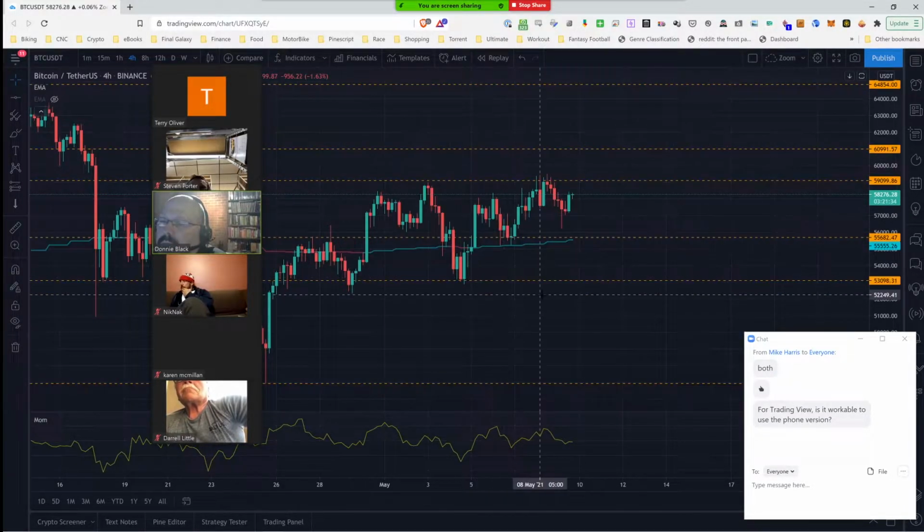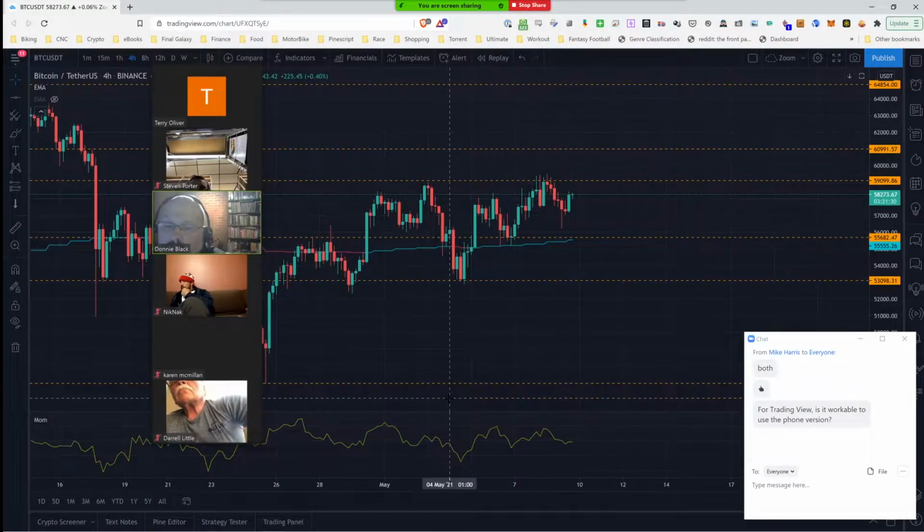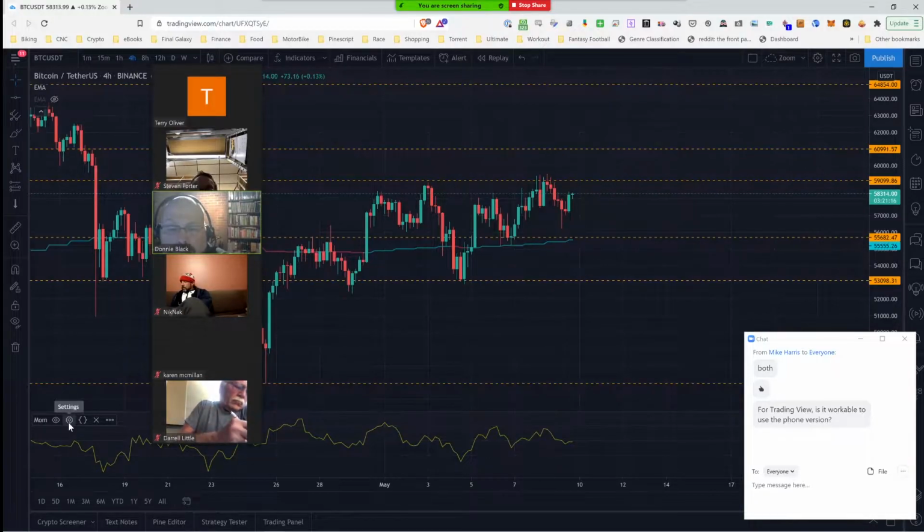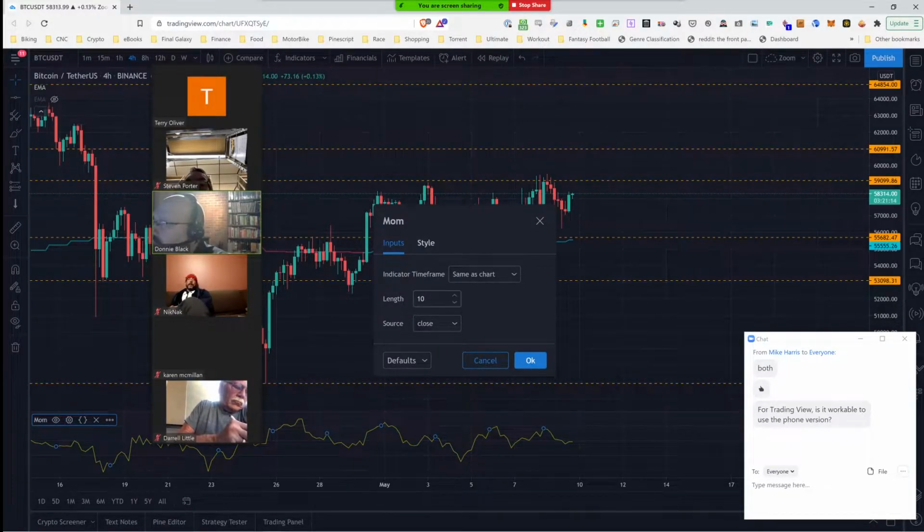All right. Anyways, momentum will help you determine what price action is doing currently. Momentum is a leading indicator. Let me go change the length. I like to use a length of 28.